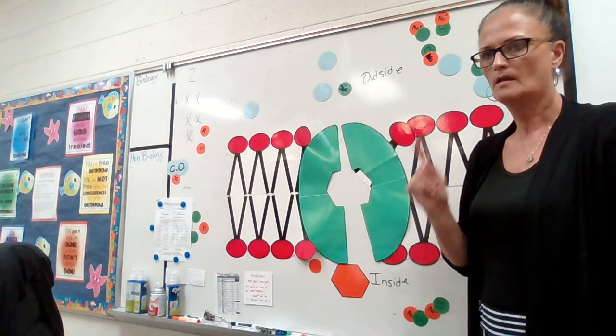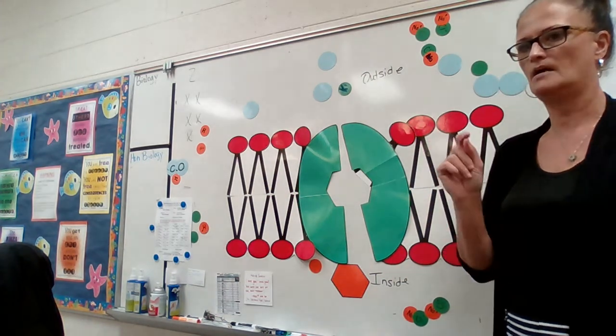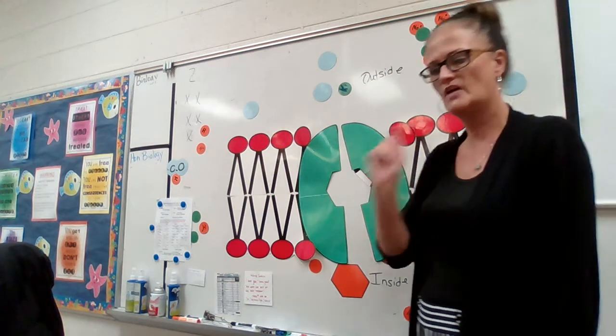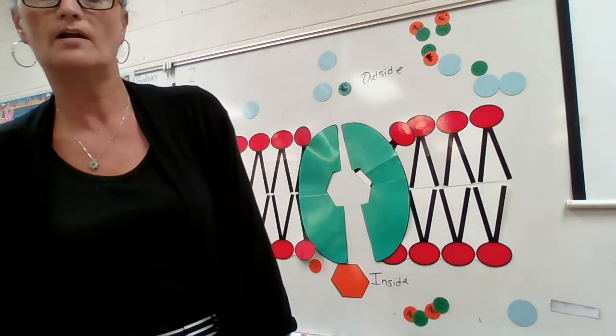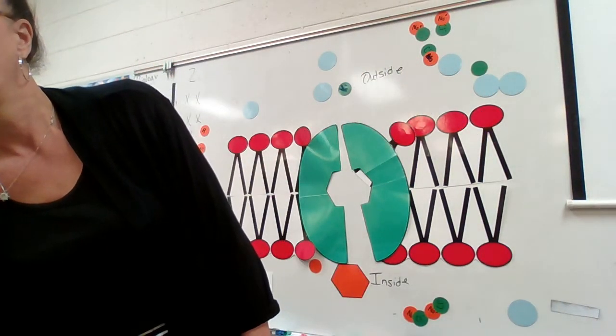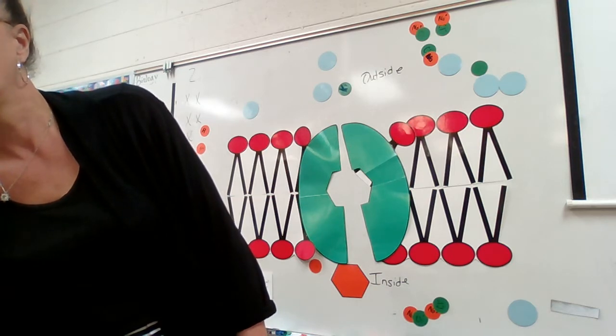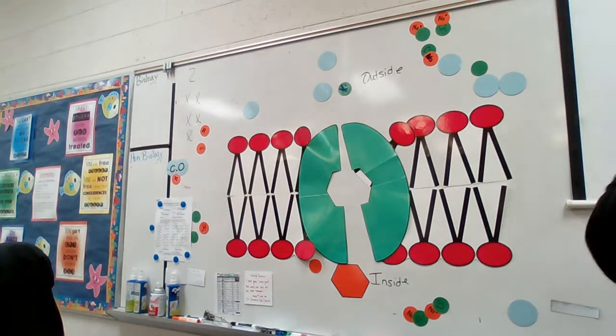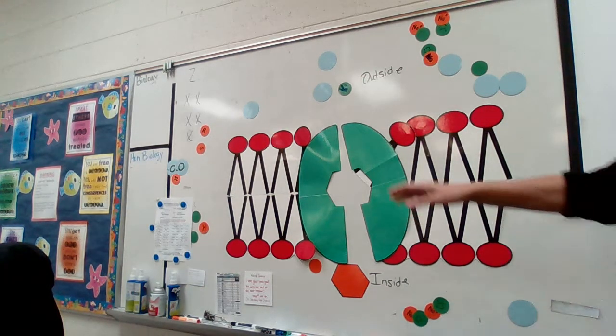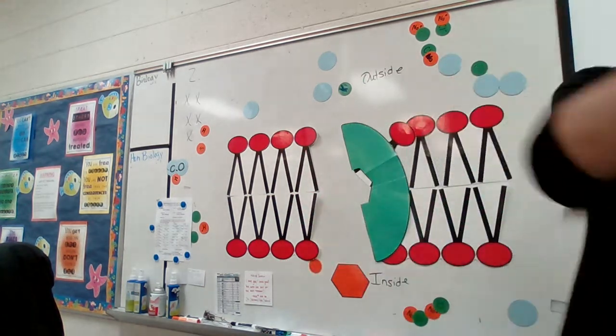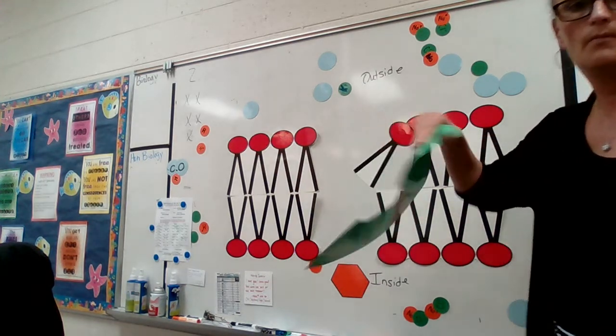So let me go back because I need to tell you about a specific channel protein. Remember, a channel protein is simply just that. It's a channel that just lets one particular thing through. There is a specific channel protein that's called an aquaporin.